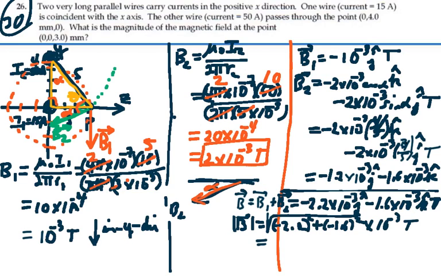And that's going to be 2.72 times 10 to the minus 3 Tesla. So that is the magnitude of our resultant field, 2.72 times 10 to the minus 3 Tesla at the point z equal to 3 millimeters.